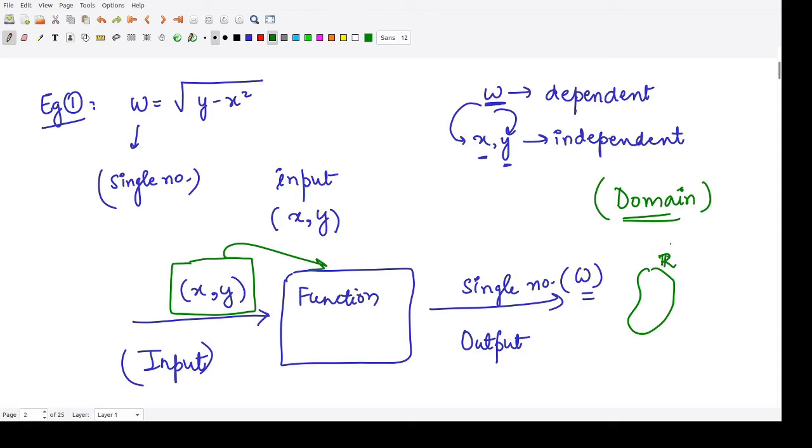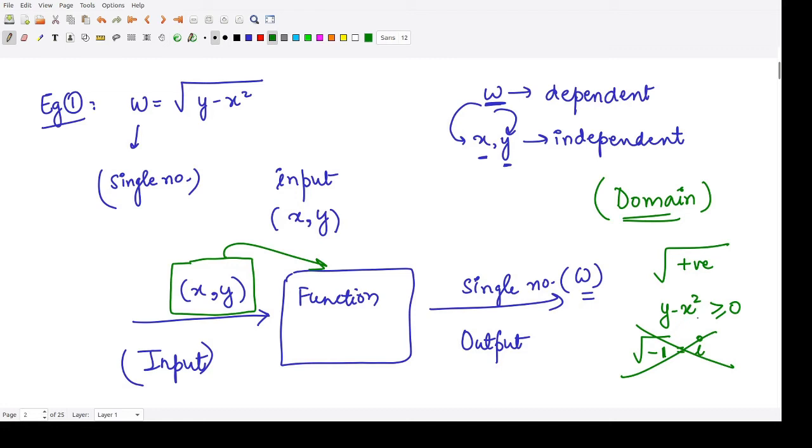It is meaningless here, because in calculus we only deal with real numbers, so the quantity y minus x squared should not be negative. Why? Because the square root of a negative number becomes a complex number, and that is not required here.